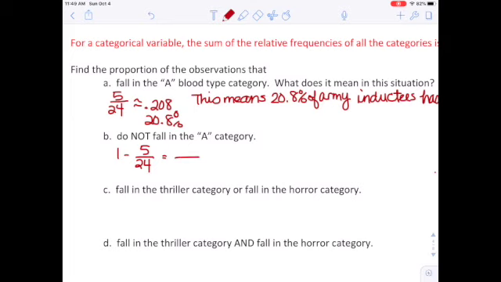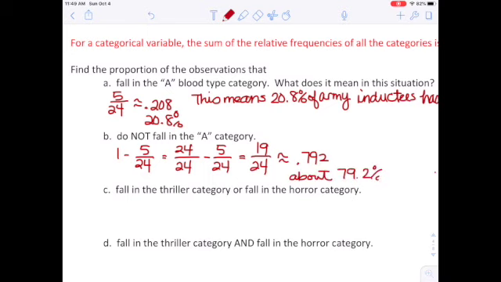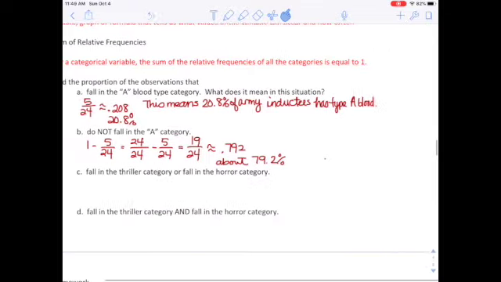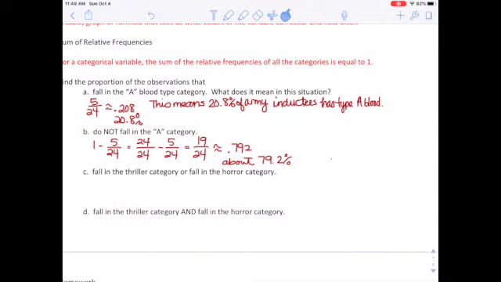So if you can do that in your head, common denominator 24, and then we spend time to talk about it, that's really 19 over 24. And that is about 0.792 or about 79.2% of the people who do not have type A blood. That's all. And so we can write that down just in case.